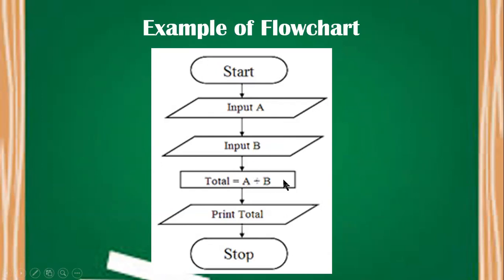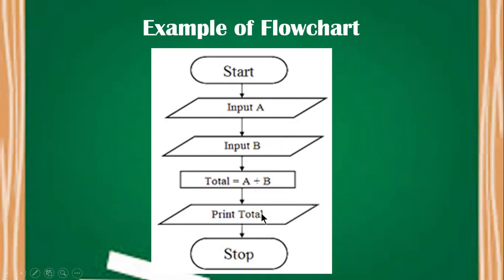After that, the next step, you want to calculate the sum or total. So you will use processing box or rectangle box as I showed in the previous symbols. Whatever processing, plus, minus, multiply, you will use the rectangle box. And after that, whenever you have an output, for output we will use print or display.